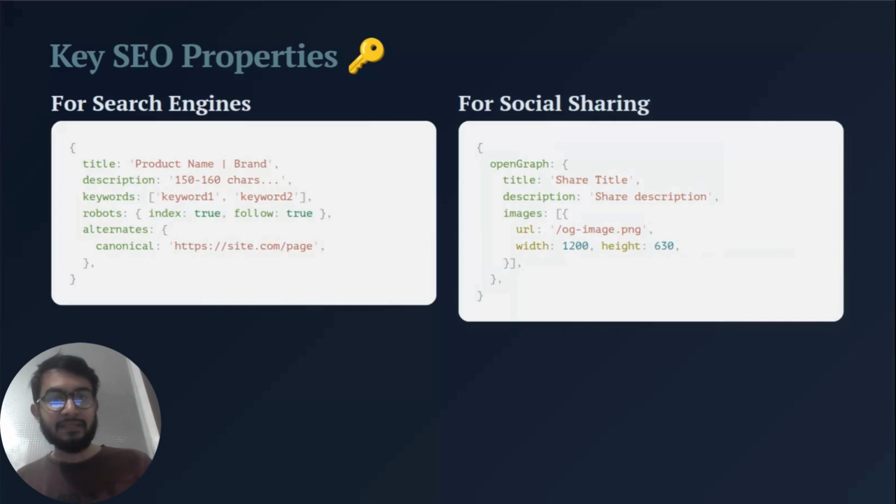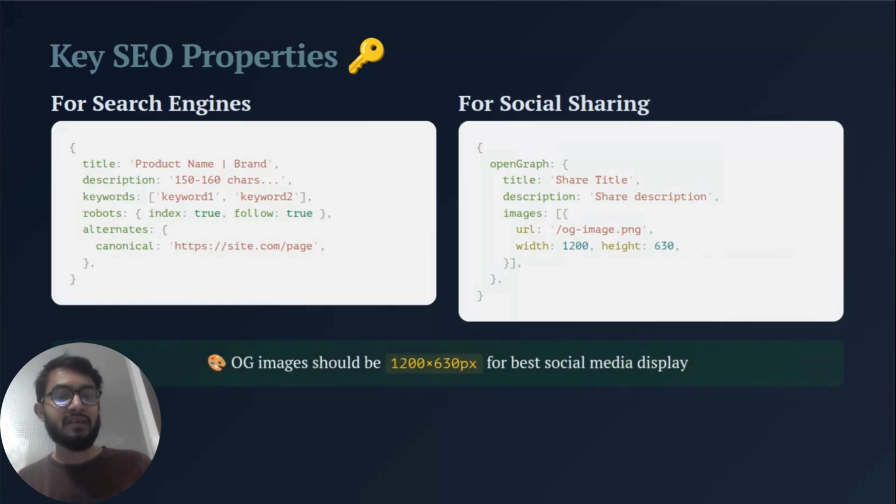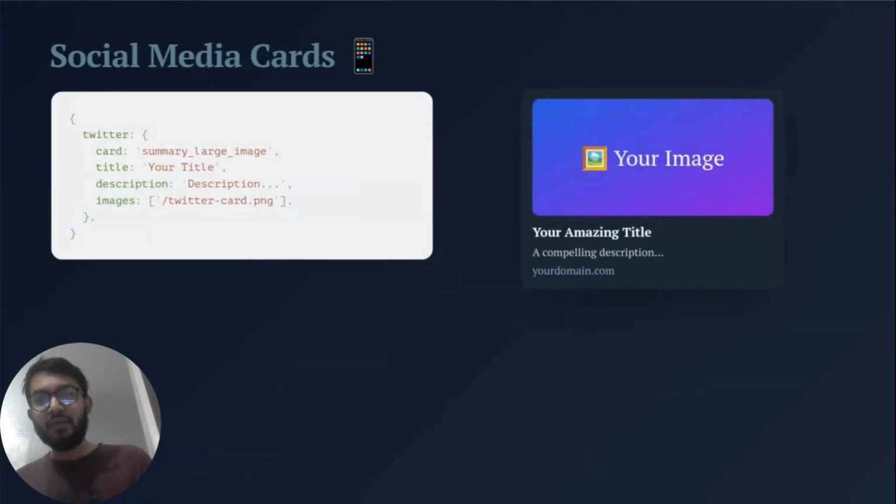Well, as I already mentioned, for social sharing you need to define a title, description, and images, and the image size is 1200 width and 630 height, which is best for social media display. Now, social media cards, how will they look?